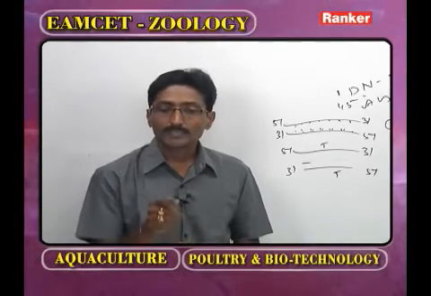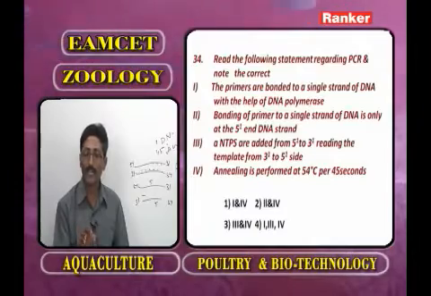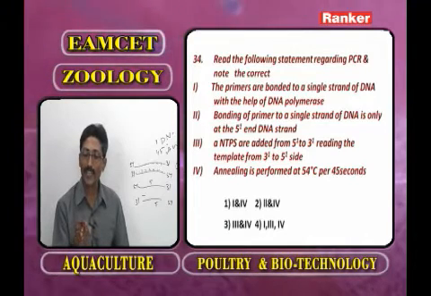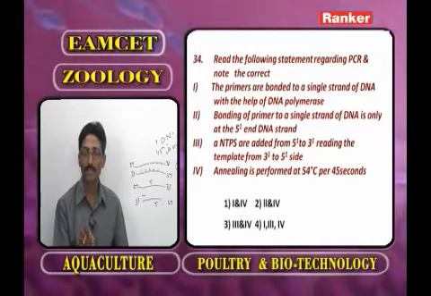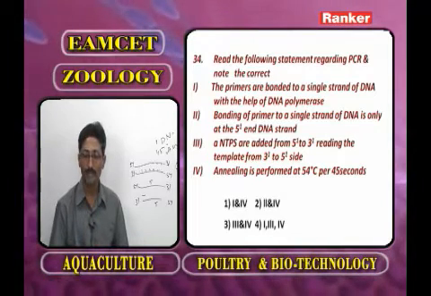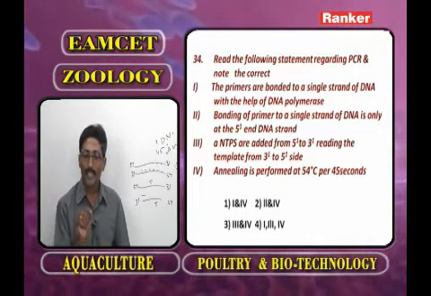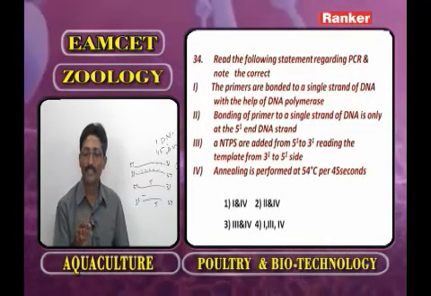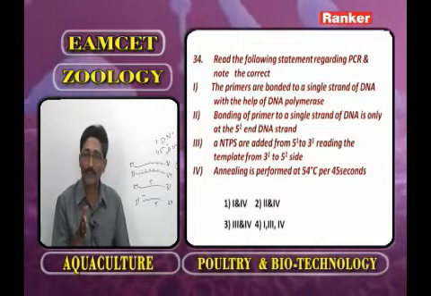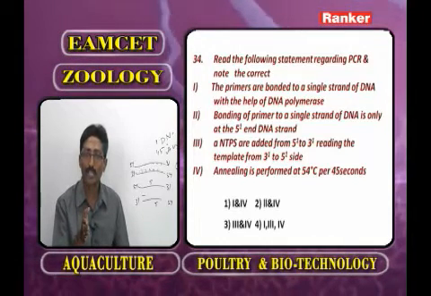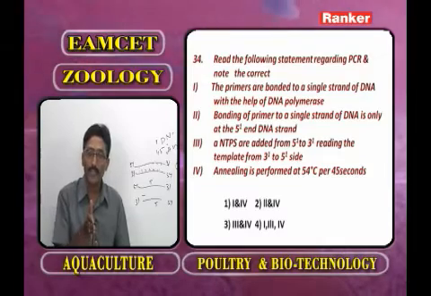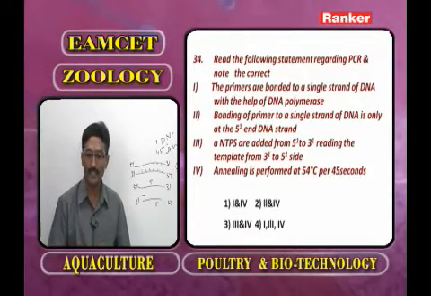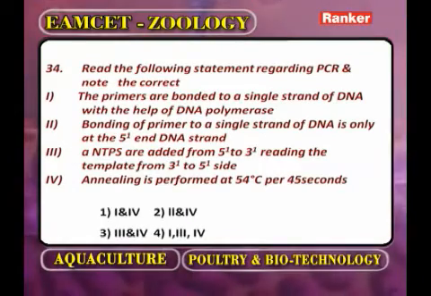Second, bonding of primer to single strand of DNA is only at the 5', no, at 3'. The third one, dNTPs are added from 5' to 3', and we read the template from 3' to 5'. So the third one is correct.